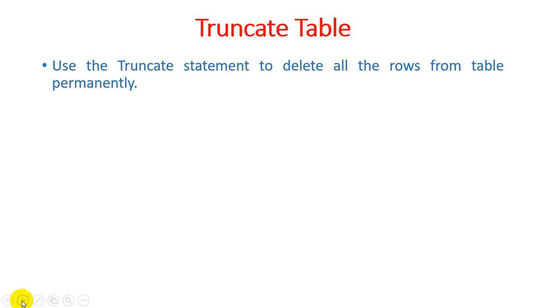Guys, please be focused on it. If you want to delete or drop a table permanently from your database, you can use the DROP command. But if you want to delete data permanently from your table, you do not use the DROP command, you use the TRUNCATE command.